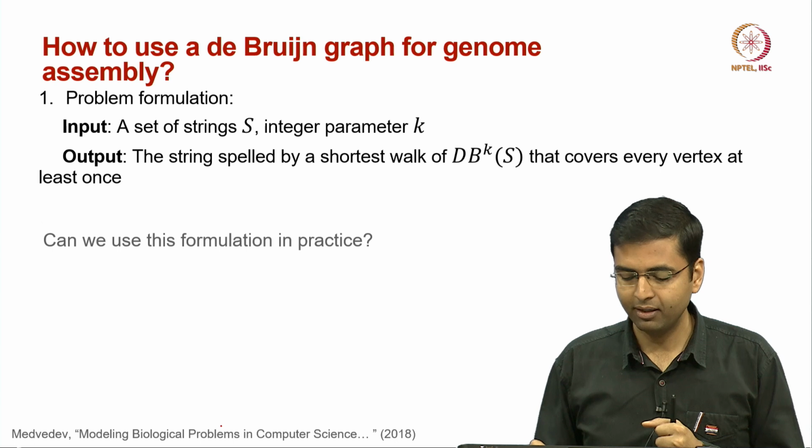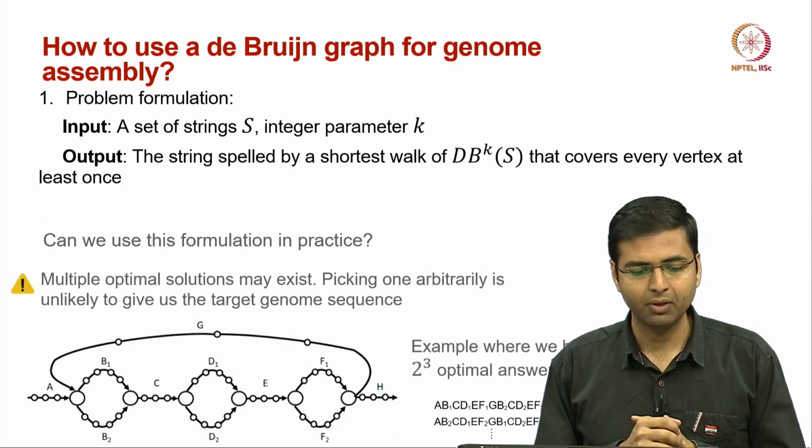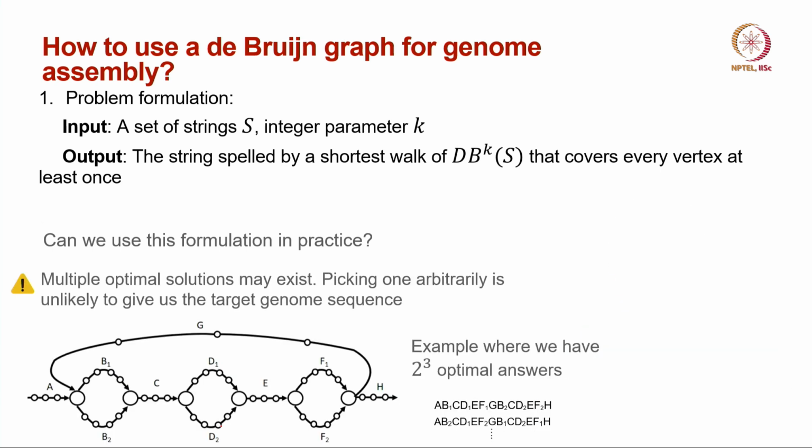Well, let us look at one limitation of this algorithm. It turns out that unfortunately multiple optimal solutions may exist in practice. So, even when we are solving this problem, the optimal solution may not be unique, and if we just pick one arbitrarily, then we are unlikely to get the target genome sequence.